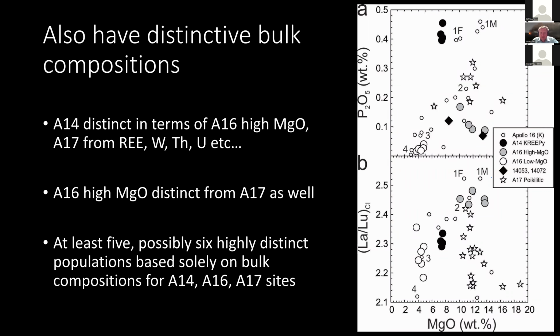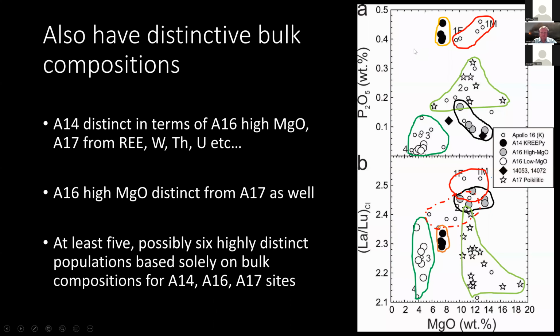This suggests not just diversity in impactors striking the Moon, but diversity in the materials that were being struck. So these are not necessarily coming from a single impactor location. So very important. I've just shown the groupings here, so you can see these general groupings and clusterings of data.